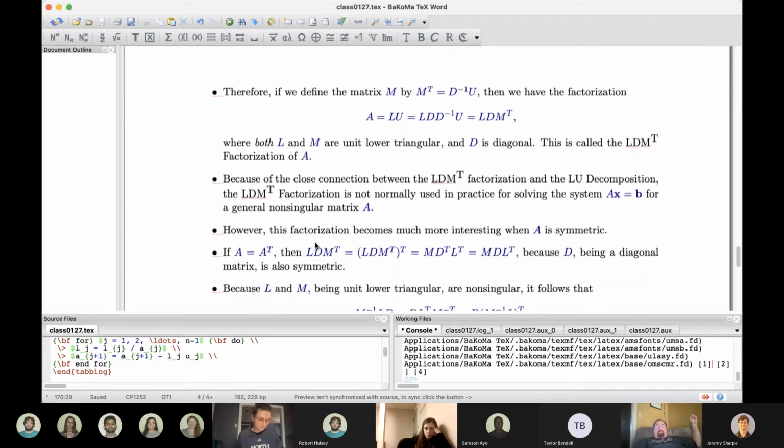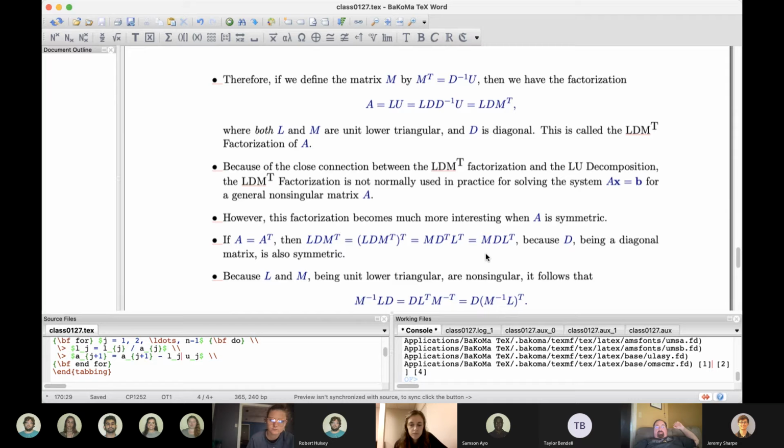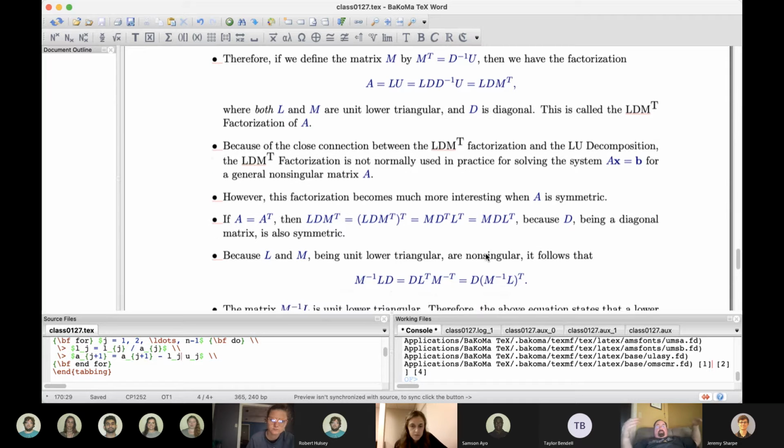Because let's suppose that A is symmetric, then L D M transpose is symmetric. Here I'm using the property that the transpose of a product is the product of the transposes in reverse order. So L D M transpose is the same as M D L transpose. Now I'm going to perform similar manipulations to what I did last class, where I showed that the LU decomposition is unique.